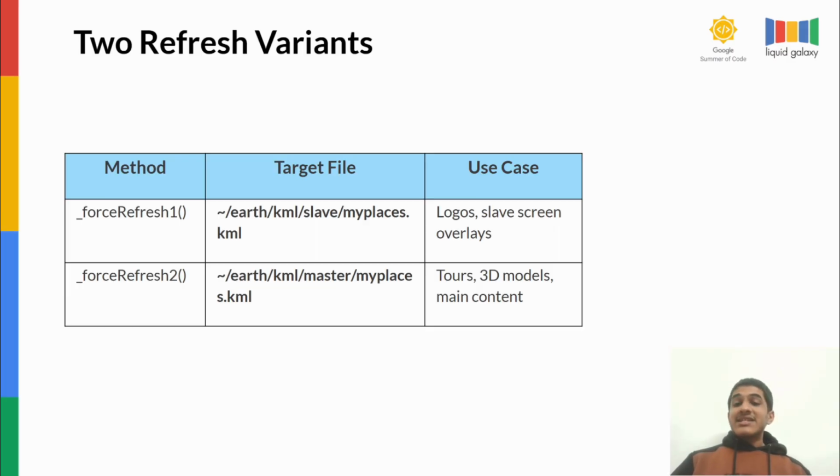Also, let's take a different example. Let's say the user has a KML which has all the information regarding an image overlay. Let's say a logo overlay. Then he overwrites that KML into slaves.kml, the preferred slave machine where he or she wants to overlay that image.